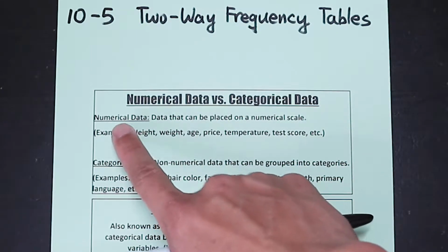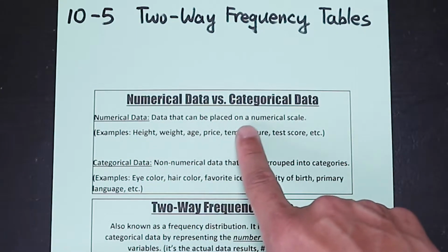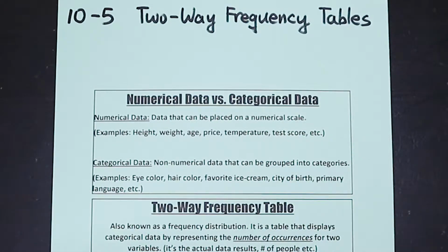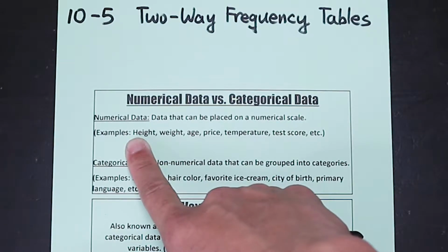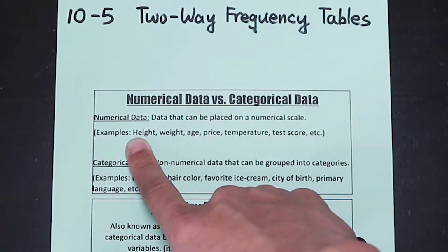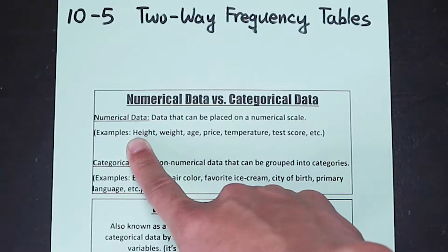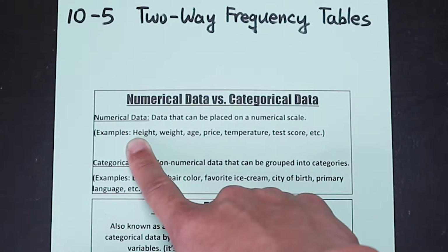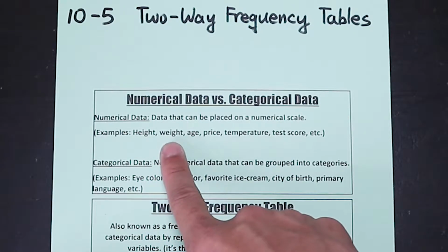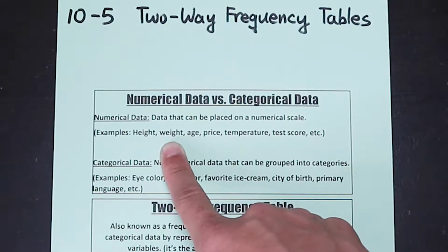Numerical data are data that can be placed on a numerical scale, such as if I were to ask you, how tall are you? Then your response would be numerical. You will say my height is about 5 feet 6 inches, or 6 feet, or 6 feet 2 inches. If I were to ask you how heavy are you, you would respond something like 130 pounds, 140 pounds, 150 pounds.